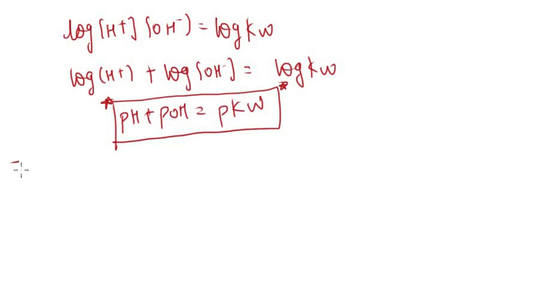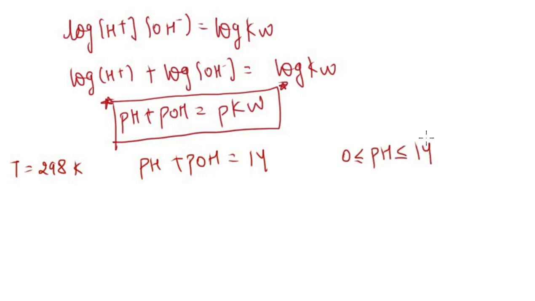When temperature is 298 Kelvin, pH plus pOH turns out to be 14. So pH value varies from 0 to 14. Could pH be less than 0 or greater than 14?